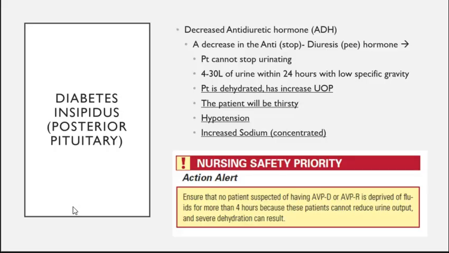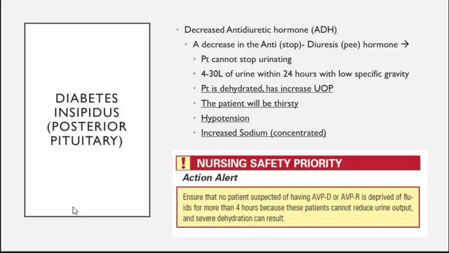It is going to be low specific gravity, meaning it's severely diluted and probably just clear. The patient is going to be dehydrated. Why? Because ADH is not there. It's not putting the aquaporin on the cell so that water can get inside the cell. So the water is going through the body, straight through the entire GI tract and out through the bladder.